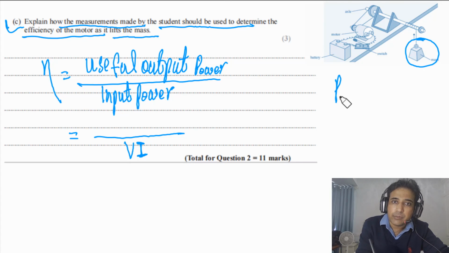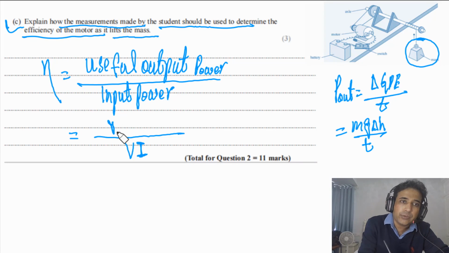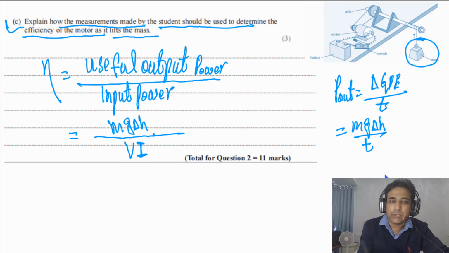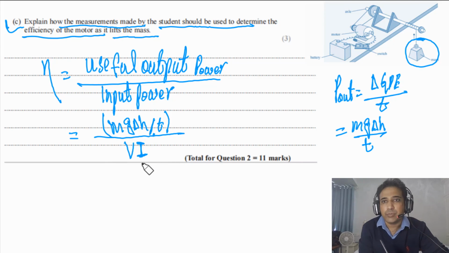So the power out is the change in GPE of this mass over time taken T. Simply that will be equal to mg delta h over T. So we can write mgh over T. This is P out, this is P in.